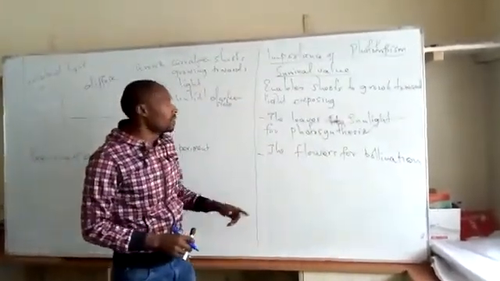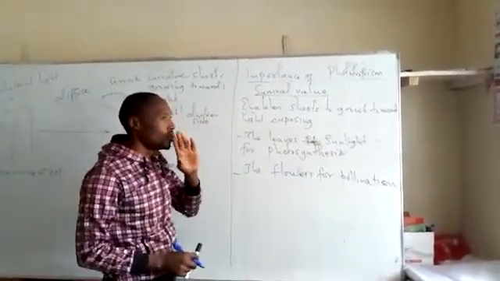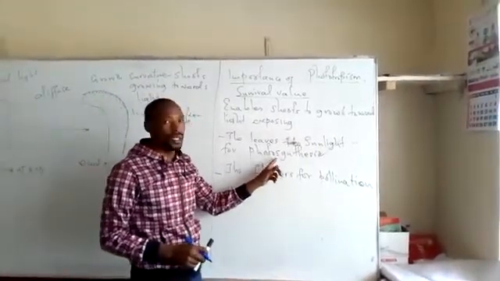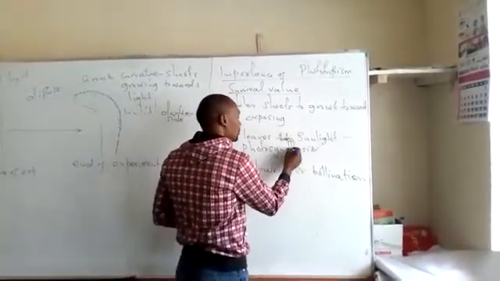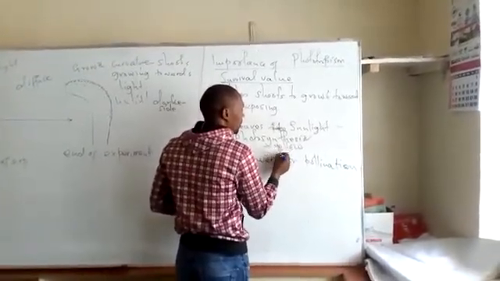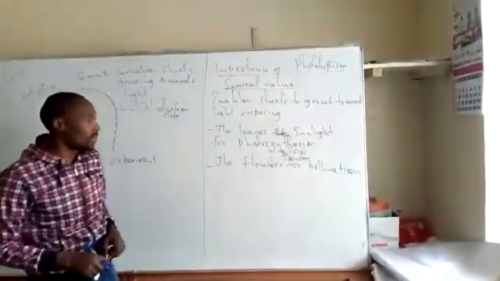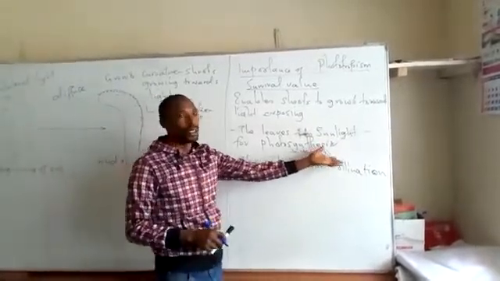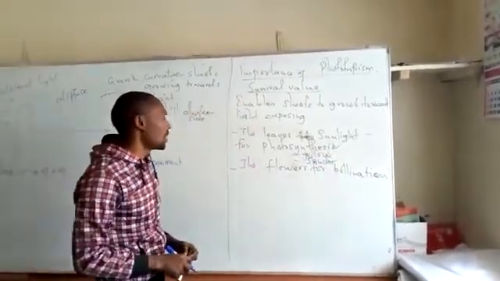That's why in most cases, if we grow plants in areas where they do not receive sufficient light, their leaves become yellow, their stems become slender and weak, and they are easy to collapse. They cannot support themselves because they do not manufacture enough food, and therefore many processes do not continue as expected.